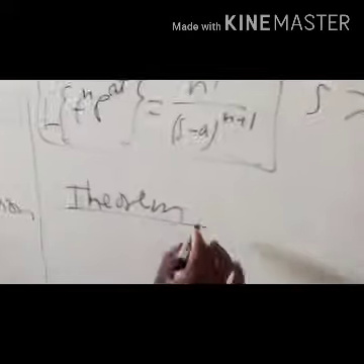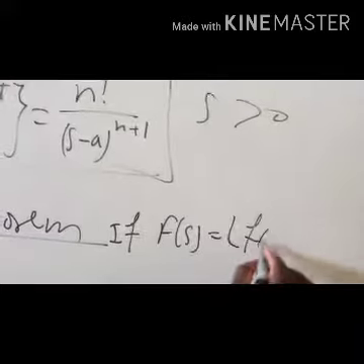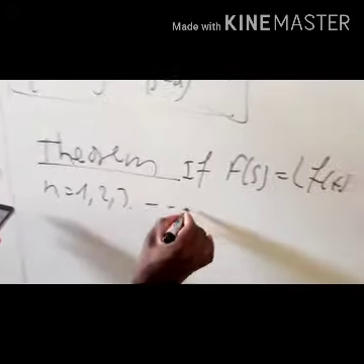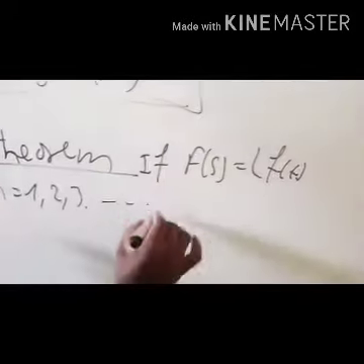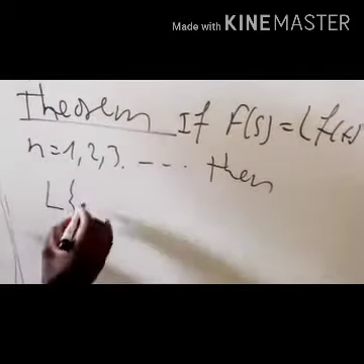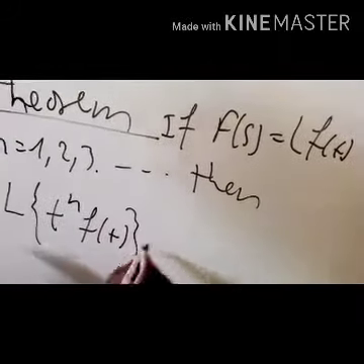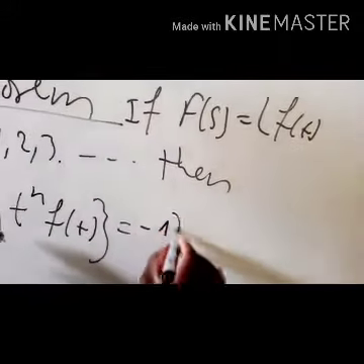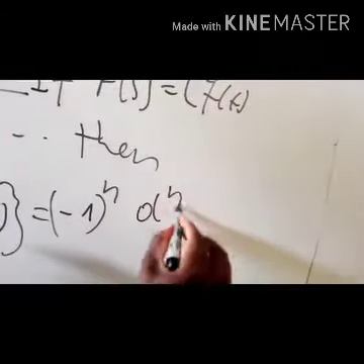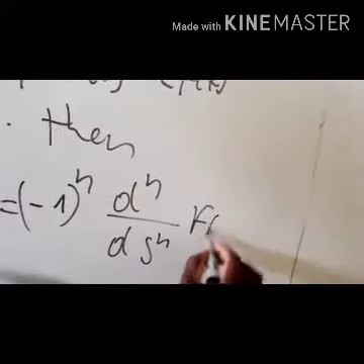There is another theorem. If F(s) is equal to the transform of f(t), then the transform of t^n f(t) must be equal to (-1)^n d^n over ds^n of F(s).